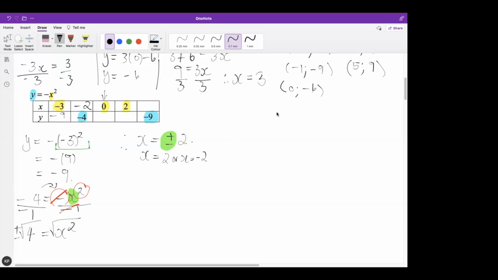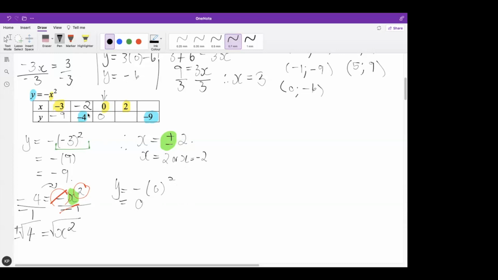X. Yes, that is true, Rylan. The answer will be 0, okay? Because you're going to end up with negative 0 squared. This means 0 times 0. And remember, 0 can't be negative, so your answer is just 0. 0 goes with 0. Okay.